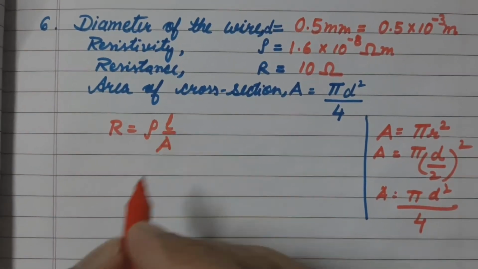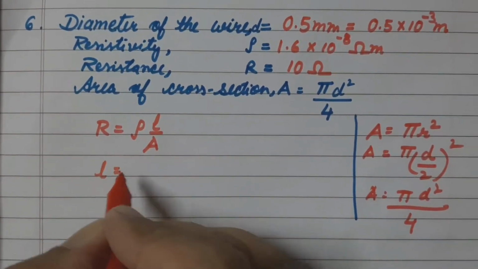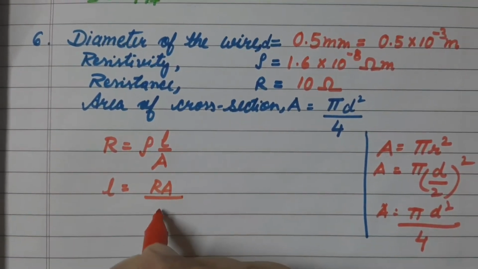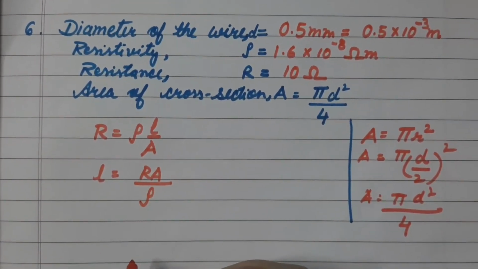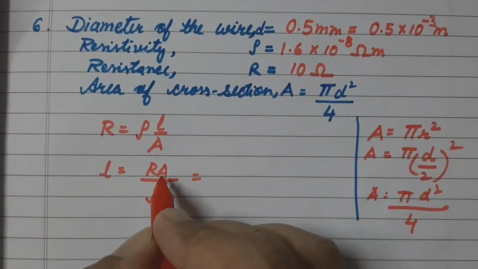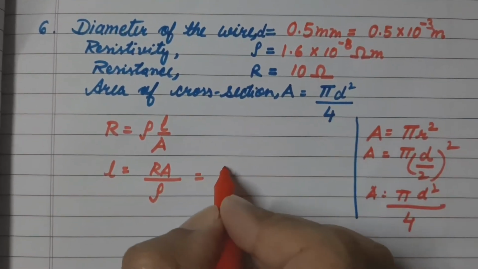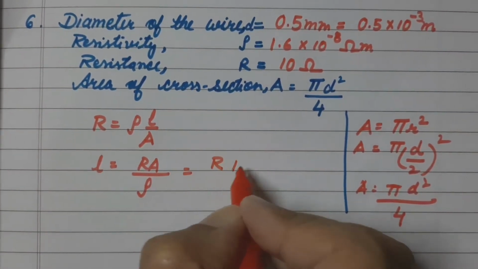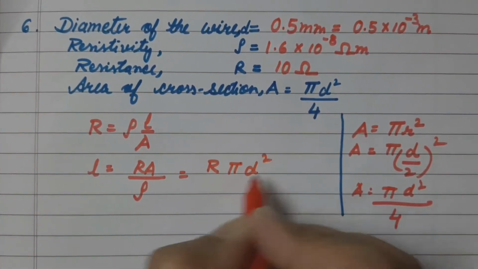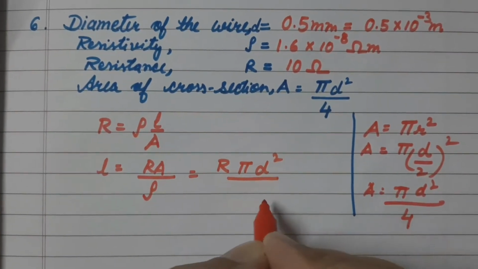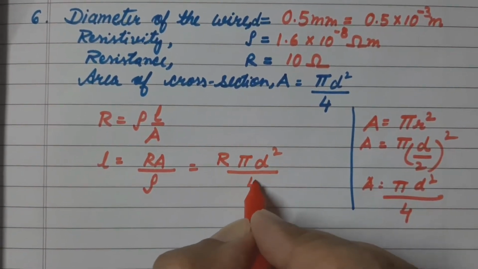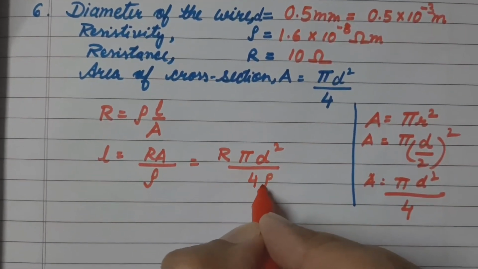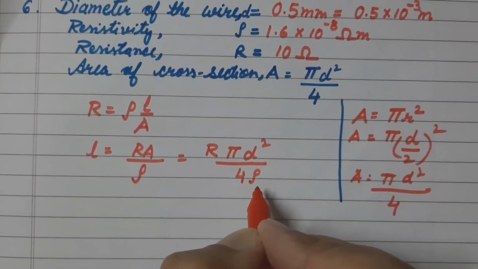When we have to calculate the length, then the relation will become L equal to RA upon rho. In place of A, we will write pi d square upon 4, so L equals R pi d square upon 4 rho. Let us fill the values.